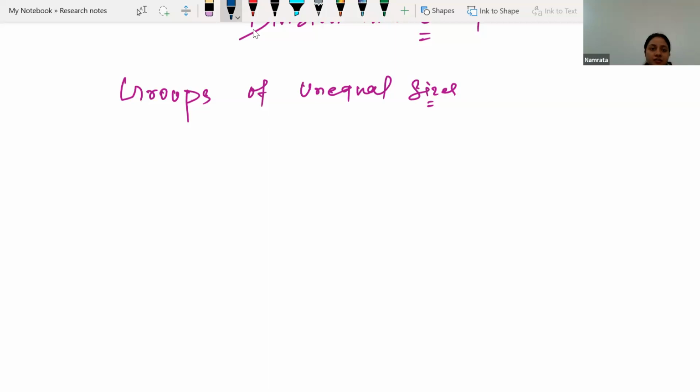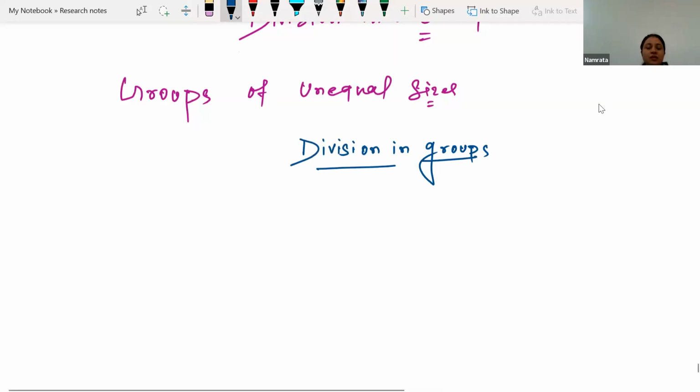Whenever we are dividing in groups, let's say the question is like this. We will be coming to the formula part, but let's see how the question will be. Here we are talking about groups of unequal sizes. When the groups are of unequal sizes, how will we use the concept?